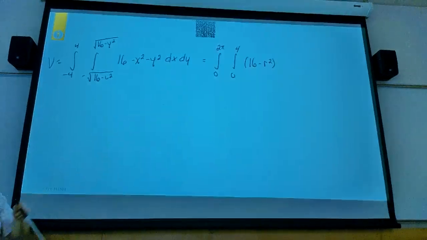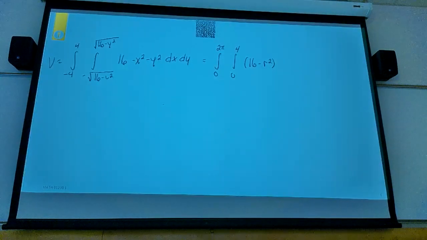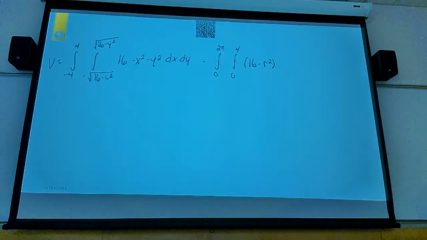Until you get the hang of it, I would recommend using those steps in that order. As you get more comfortable, you can actually just incorporate the r and say, oh, the integrand is going to be 16r minus r cubed, and then dr d theta.